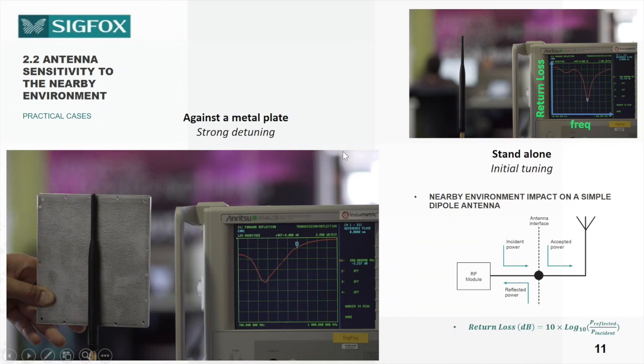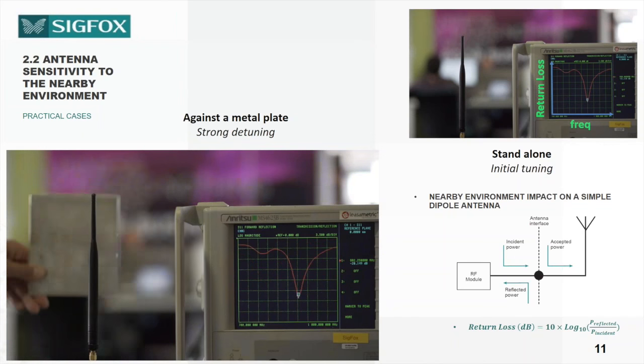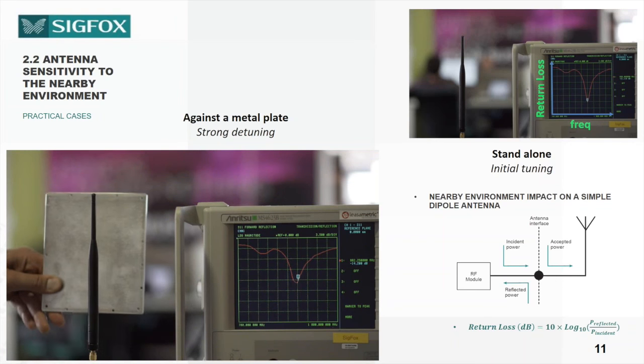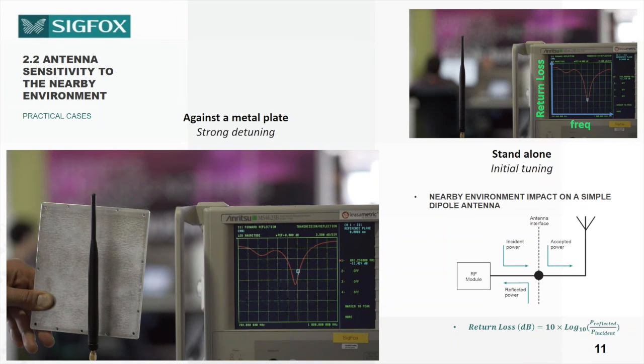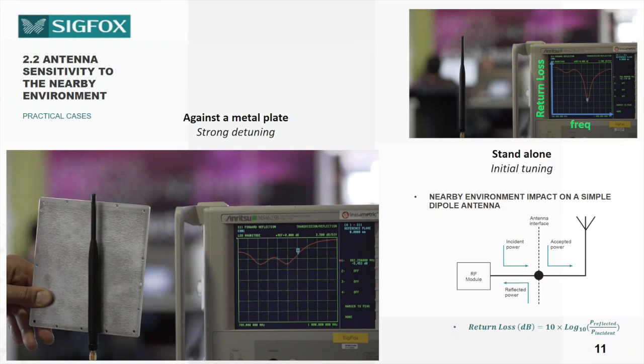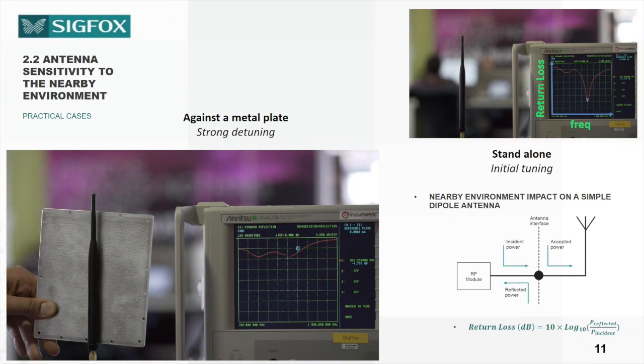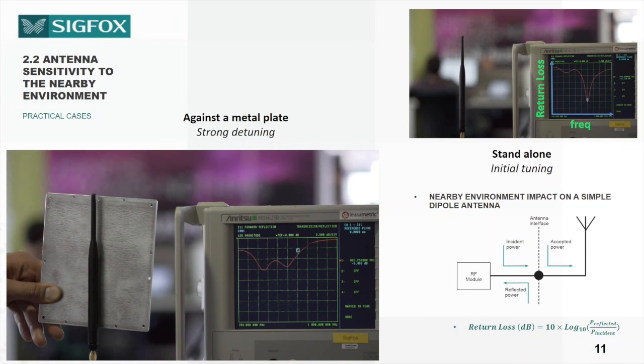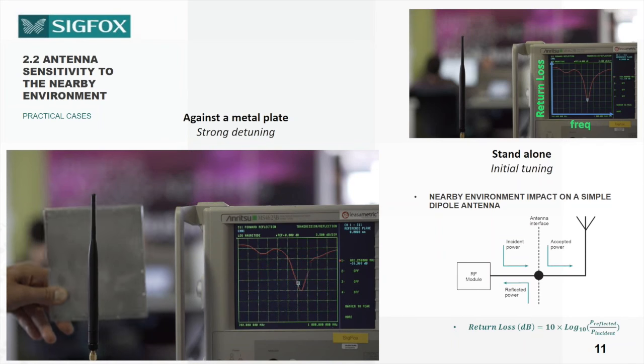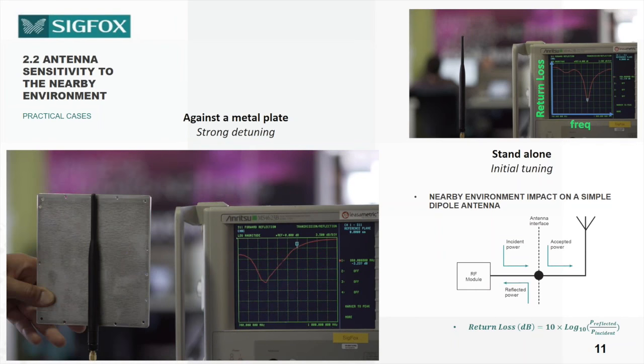Let's see what happens when we put a metal plate next to the antenna. We can see that this resonance is moving. The antenna is actually impacted by the metal plate, and the detuning is quite huge, as you can see in the small video. So basically that means that a simple dipole cannot be placed against a metal plate, or at least if you do so, you cannot expect to have the same performance as in a standalone condition.